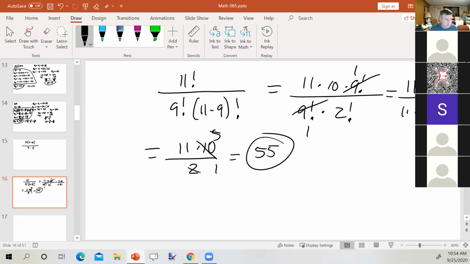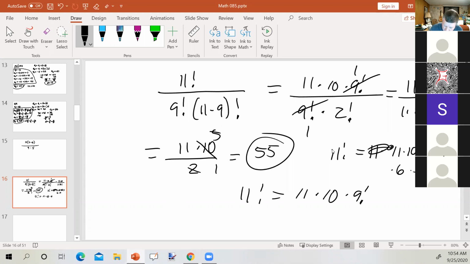I don't really understand how it ended up being 11, 10, and 9 on the top. 11 factorial is 11 times 10 times 9 times 8 times 7 times 6 times 5. So was that like the abbreviated form that you wrote? You just didn't write all the way down to 1?